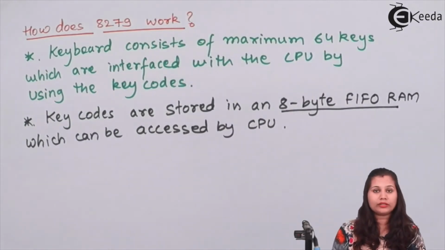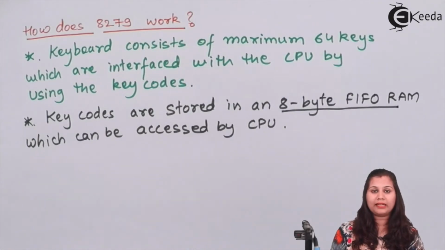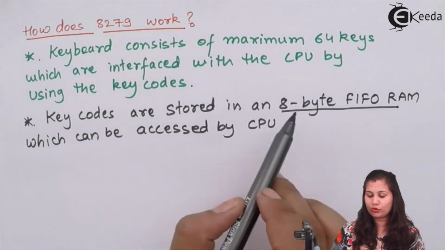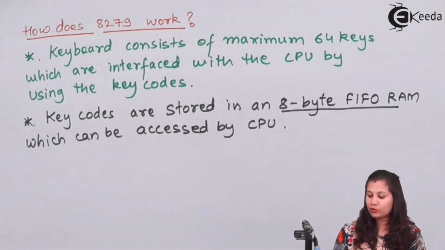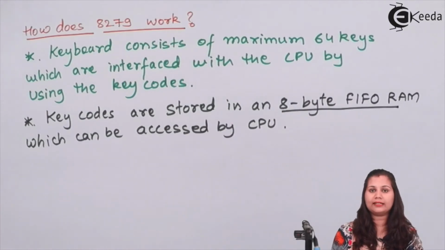Now, suppose many keys are pressed at a time and their key codes are stored in the 8-byte FIFO RAM. Because it can store only 8 bytes, if more than 8 keys are pressed, that condition is known as overrun.